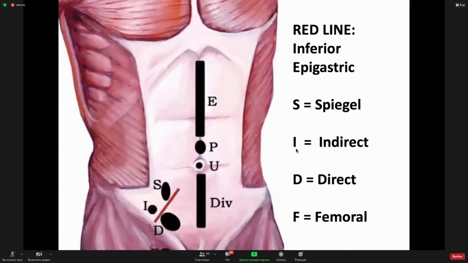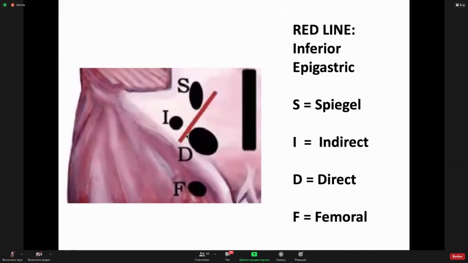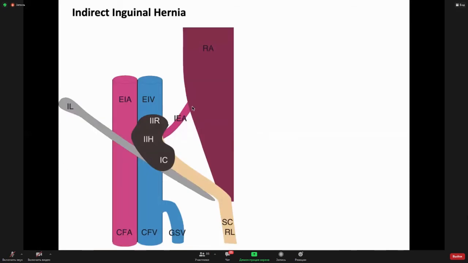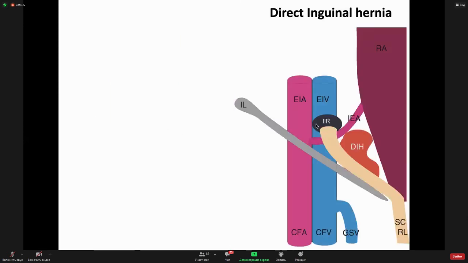The ultrasound examination will focus on the inguinal region, and we can have a lot of ways to look for hernias in this situation. But again, the most important part of understanding this anatomy is to understand where the external iliac vessels and the inferior epigastric vessels are. If we have a defect that is medial, we're going to have a direct hernia.